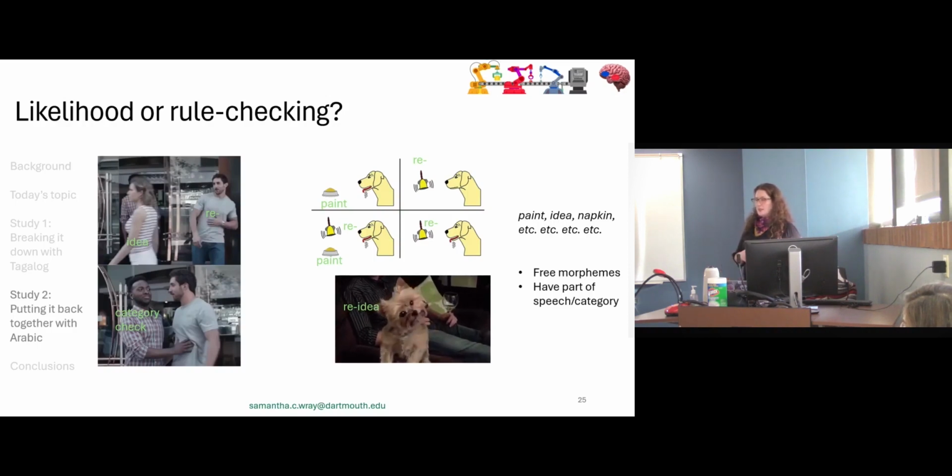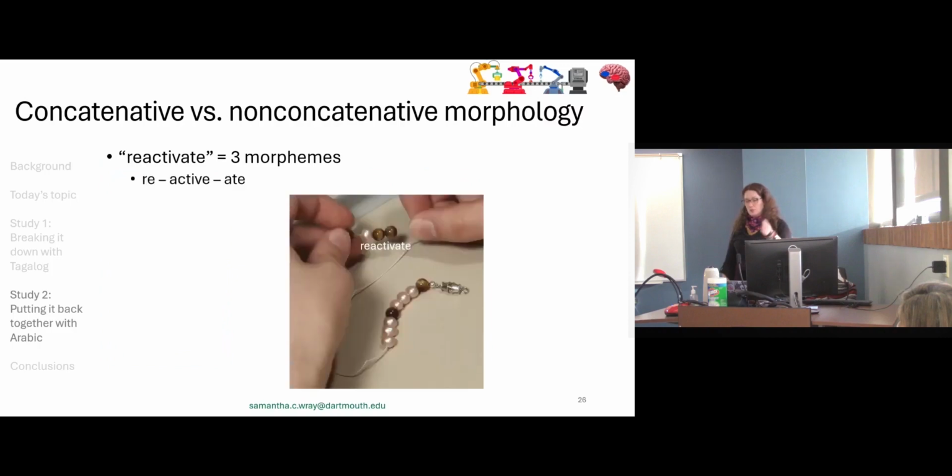So in a concatenative morphology, in which you're simply taking a stem and putting affixes within it, you have something like reactivate, in which you have re, you've completely finished with that morpheme, then you go to active, you completely finish with that morpheme, and then you go to ate. It's like beads on a string, just one after another. We've already seen a slight variation of this with Tagalog, in which we have to insert an infix in the middle of a stem. But the stem, crucially, is free and already has a part of speech.